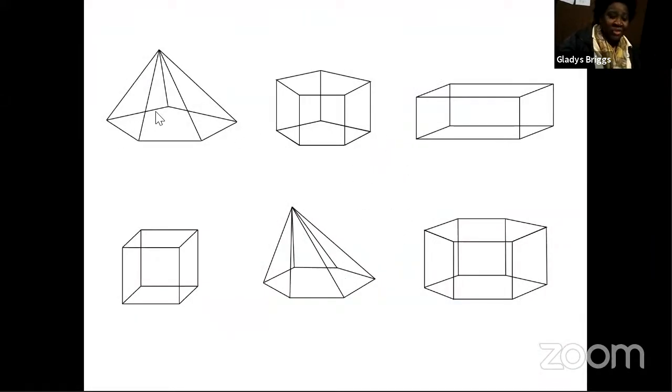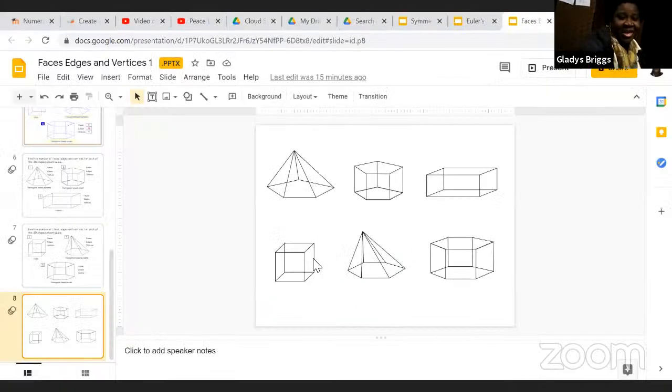If you were in class, I would have printed this off for you to use. So that's the end of it. Okay. Right. So that's what you need to know for that one. So you might get a shape in the exams, and I might ask you, how many vertices has this shape got? How many edges has it got? How many faces? So you need to know how to get them and how to get it right.